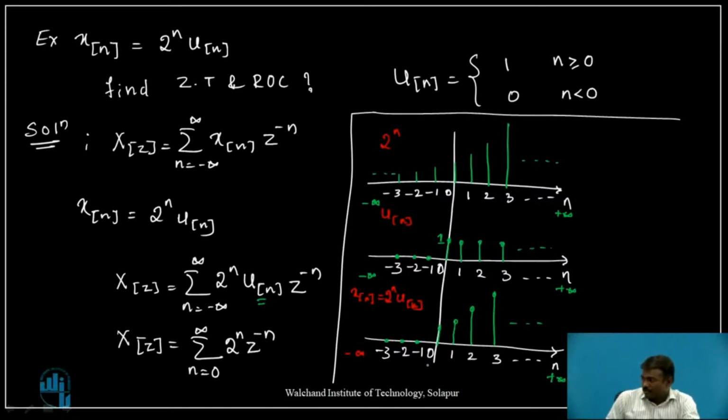So therefore the limits of the summation are changed into n equal to 0 to infinity here. Therefore in x of z, the limits of the summation have been written as n equal to 0 to infinity, 2 to the power n into z to the power minus n.